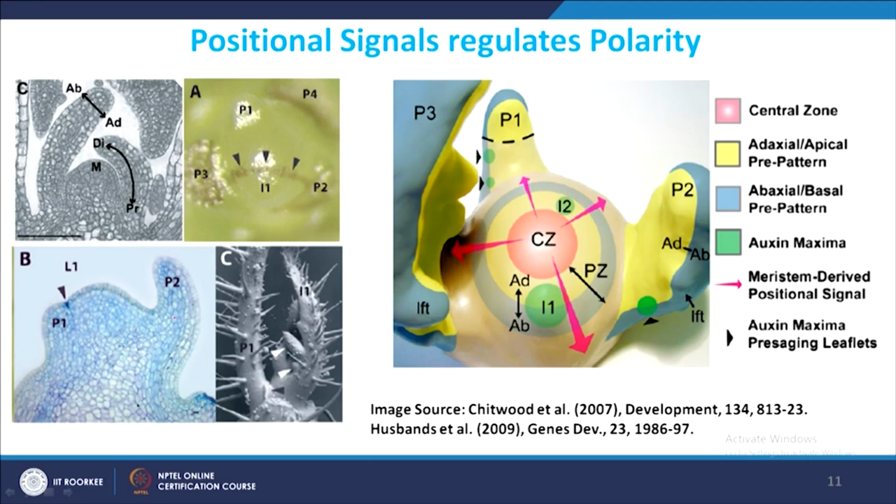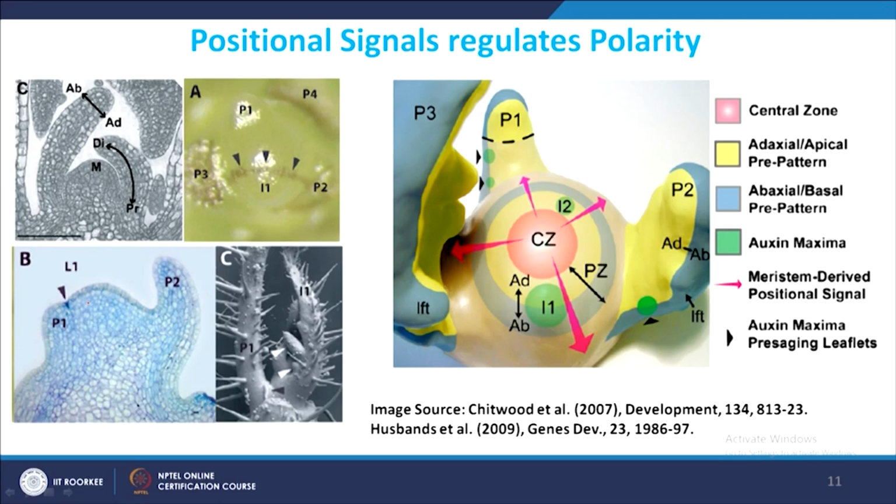Whereas the primordium coming from this side is still maintaining polarity. You can clearly see the adaxial side is very different from the abaxial side, whereas here everything looks like a radial pattern.